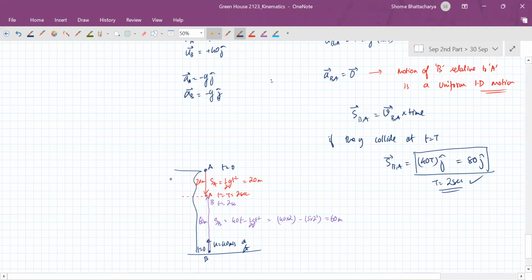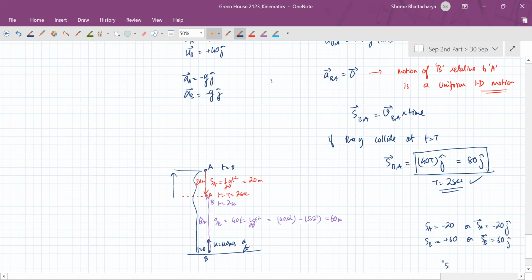You can see that this is the position at which they collide. But once again, you can see that with proper sign convention, A's displacement is minus 20 and B's displacement is plus 60.